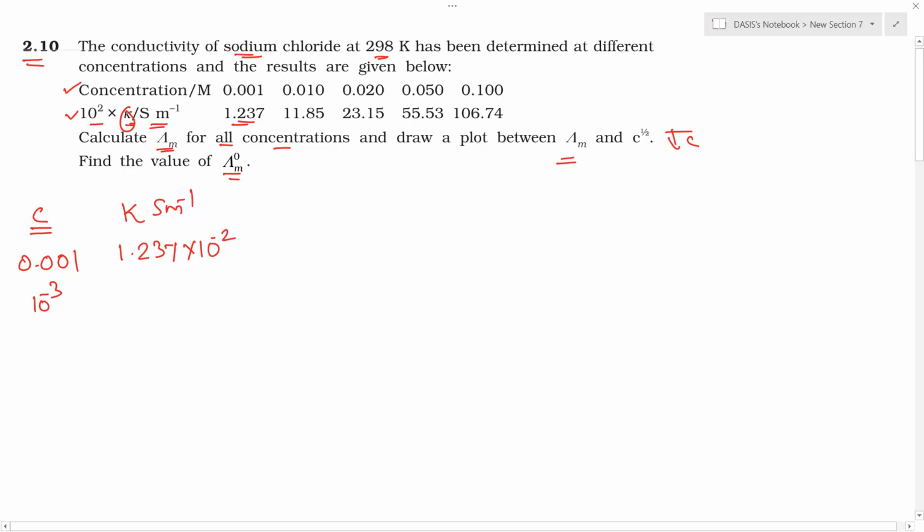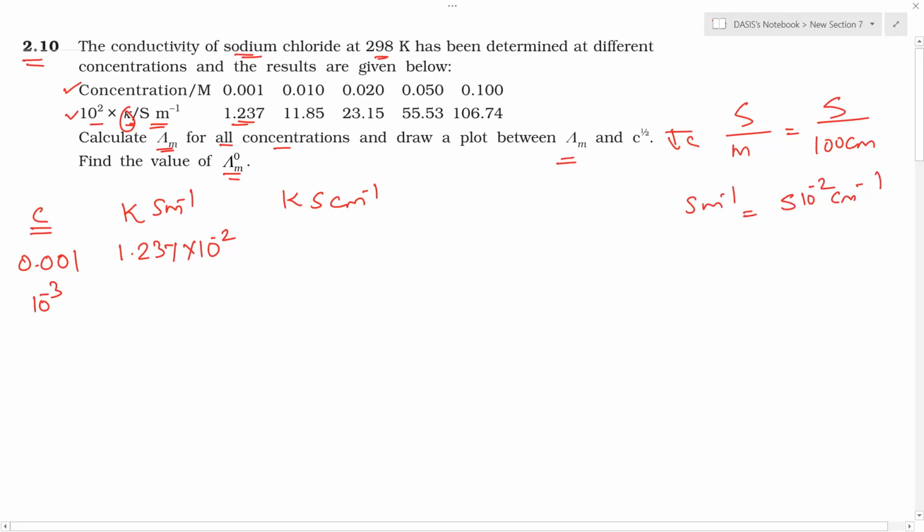Now, usually this kappa value will be taken as Siemens per centimeter, so we are going to convert the value of kappa into Siemens per centimeter. 1 meter is equal to 100 centimeter. So Siemens per meter can be written as Siemens per 100 centimeter, that is Siemens 10 to the power of minus 2 per centimeter.